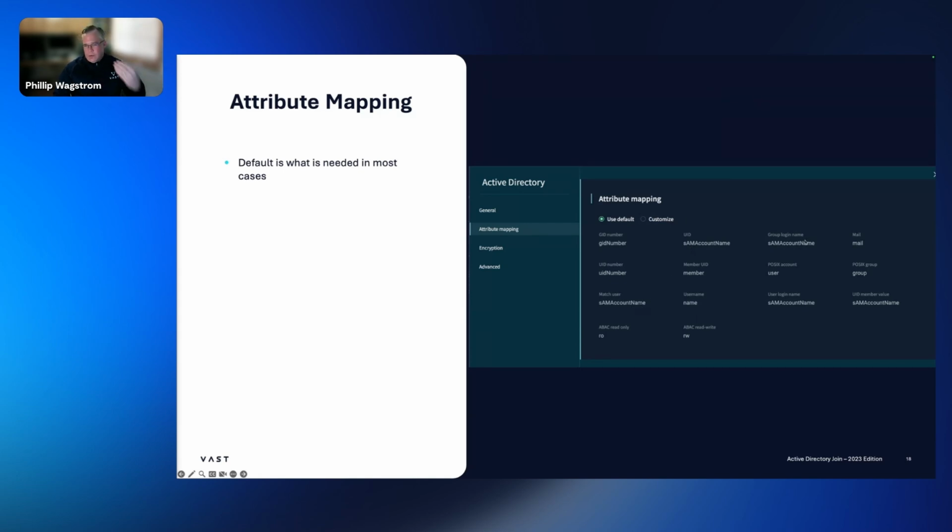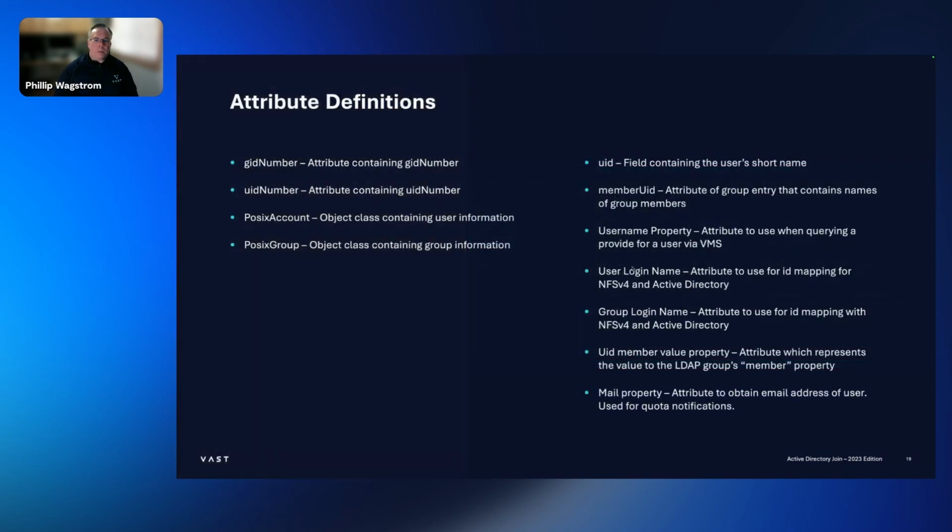We're going to search for different things using SAM account name, but look for UID number and GID number attributes to get those. So we'll break down what each one of these is for. Very similar to the OpenLDAP ones, just using different attributes because Active Directory is defined a little bit differently than OpenLDAP.